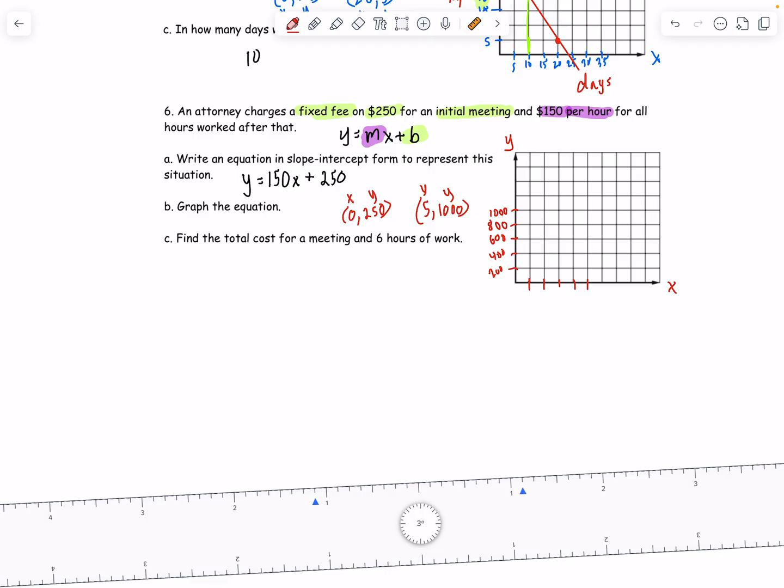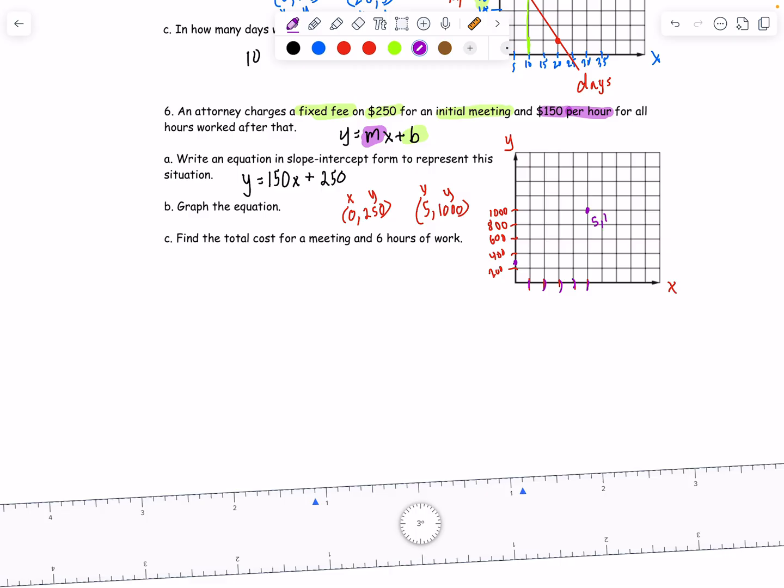And then we're just going to graph our points. So when x is 0, y is 250. So I'm going to put a dot where I think 250 is, which would be maybe right around there. And we're just estimating, all right? The next point is 5, 1,000. So this is 1, 2, 3, 4, 5. Then it goes up to 1,000. I'm going to put a dot right there. I'm just going to label these points.